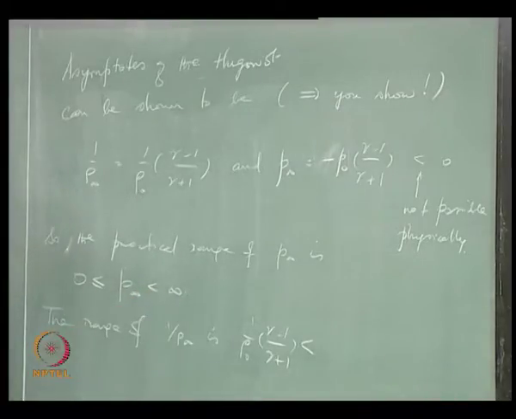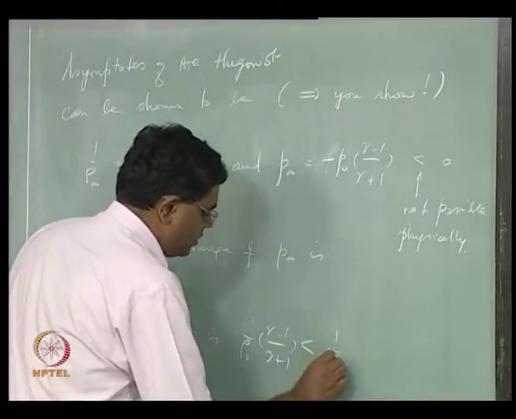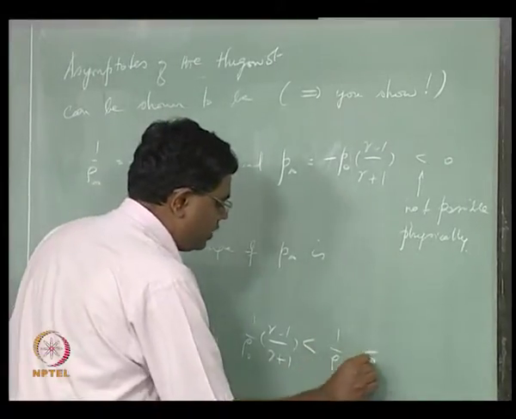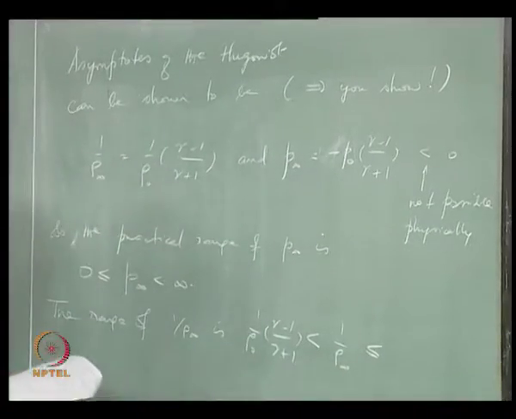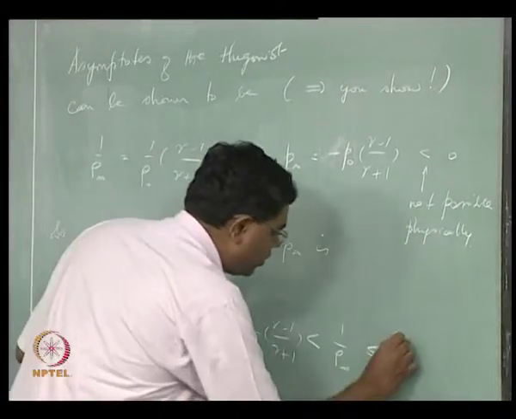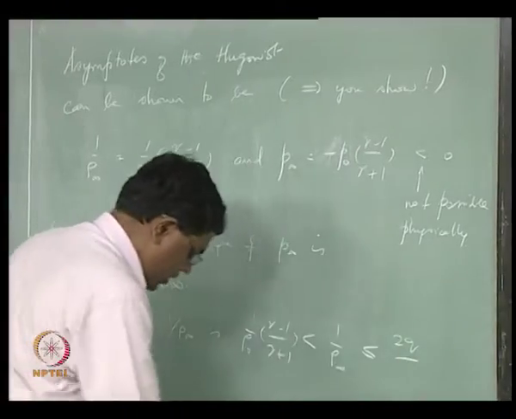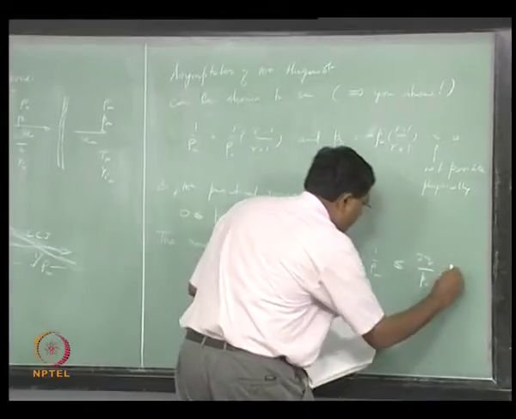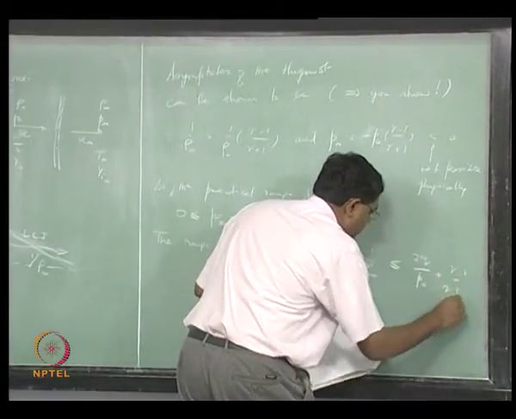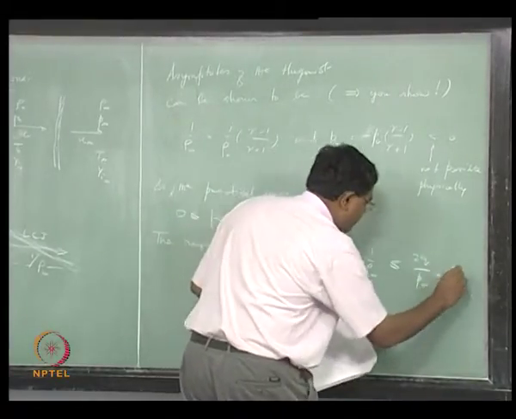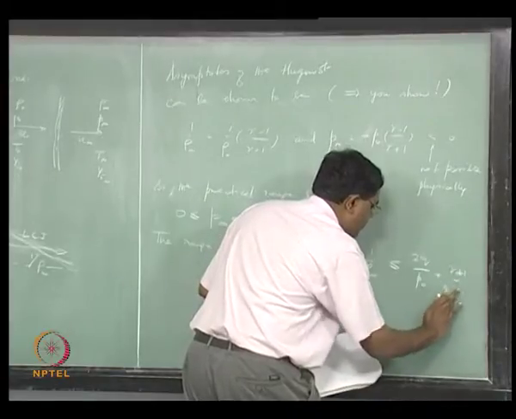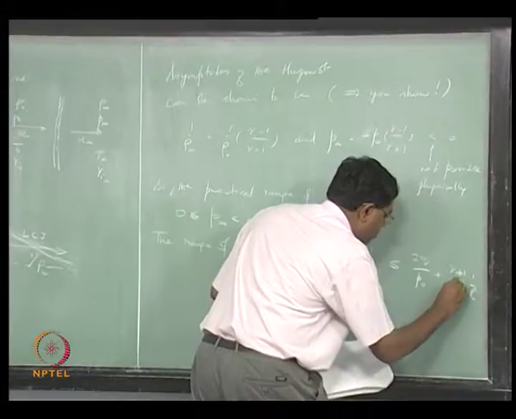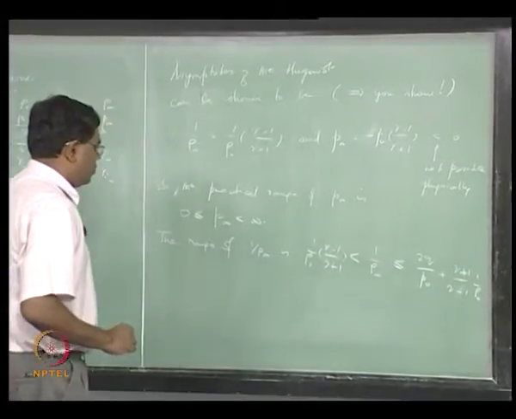So 1 over rho infinity is always greater than this, and you can go up to greater than or equal to 2q divided by p naught plus gamma plus 1 divided by gamma minus 1 times 1 over rho naught.